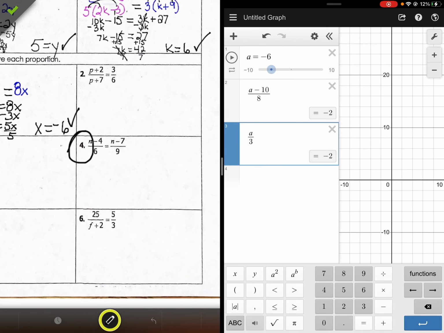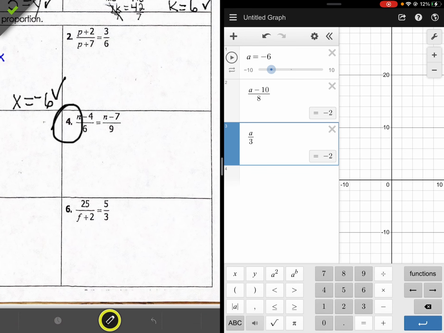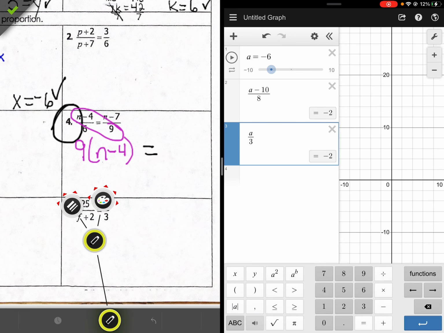All right, number 4. I'm going to cross multiply. So I'm going to do 9 times n minus 4. And write everything out. Don't try to shortcut it. Don't try to do some of this in your head. Don't try to get ahead of yourself, because that's where people start making mistakes. So I'm going to say 6 times n minus 7.